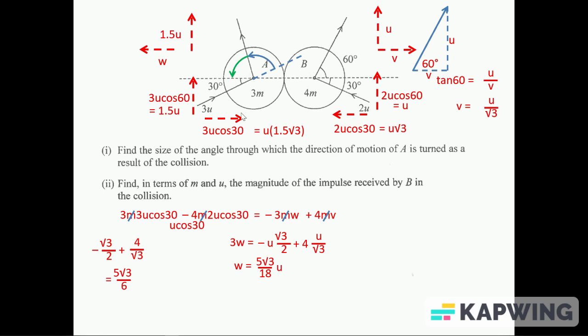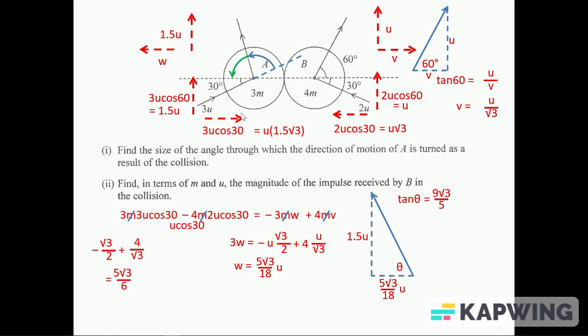Now, I'm going to find that angle first. I'm going to call it theta. Here's the velocity of A after the collision. I know that the components are 1.5u in that sort of perpendicular to the line of centres direction, and that w, 5 root 3 over 18 u. So the tan of that theta is going to be 1.5u divided by w.